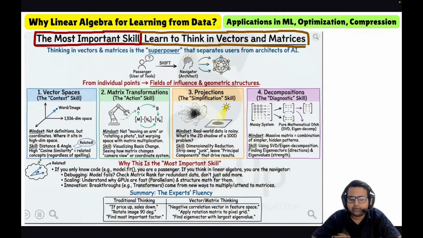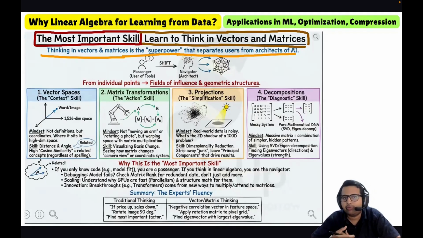Thinking in terms of vectors and matrices is the superpower that separates someone who merely uses AI tools from someone who can architect them. If you will be building AI models, then you have to think in terms of vectors and matrices. It is the most important skill.